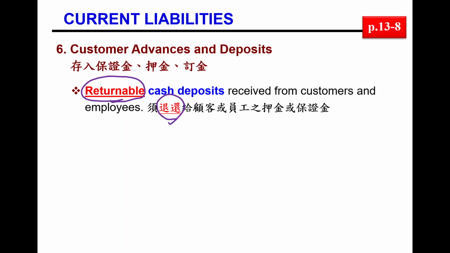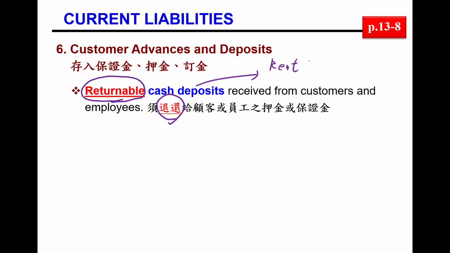So you can get the 1 month deposit back from whom? Landlord, right? 房东. So for the landlord, the returnable cash deposit is the landlord's liability.